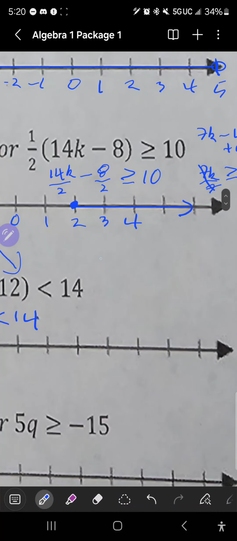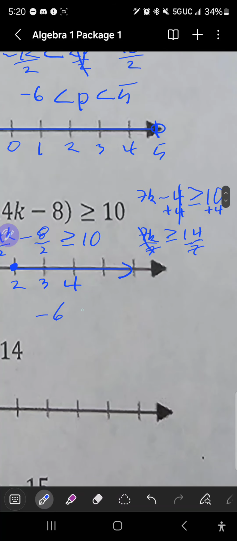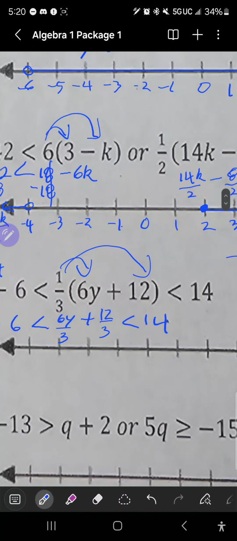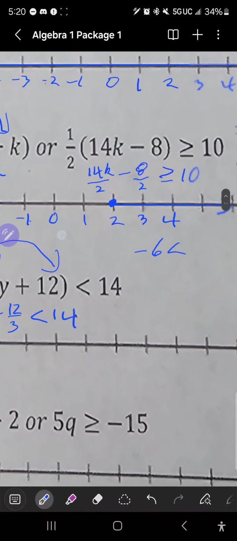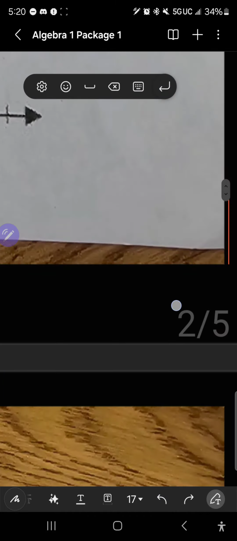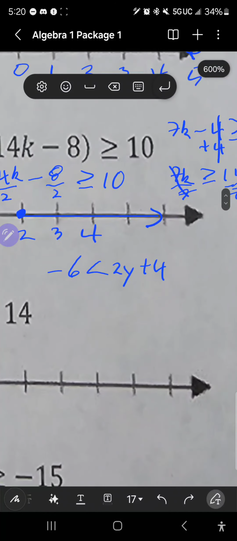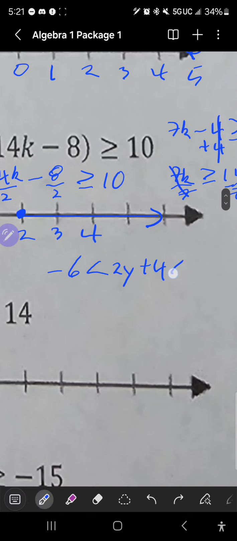Now we can still work just in the middle, so we keep the -6 on the left, less than. Now 6 divided by 3 is 2, so this is going to be 2y. 12 divided by 3 is 4, so this is going to be plus 4. So this is going to be less than 14.